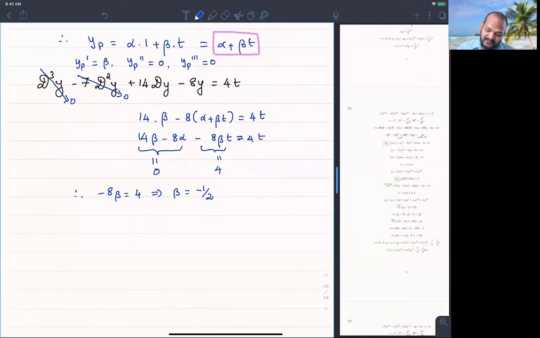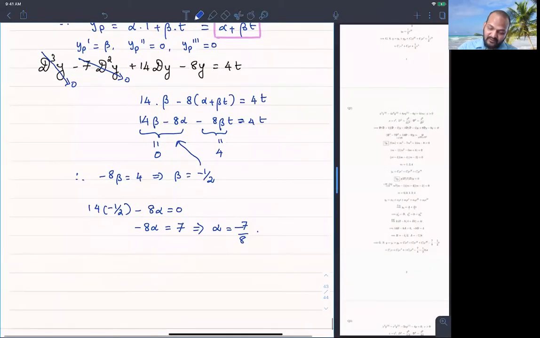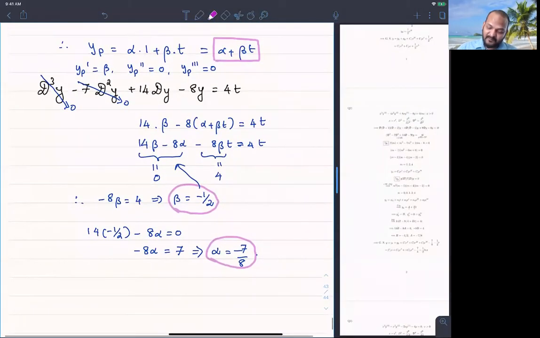And if I plug this into the other equation, then I have 14 times negative 1/2 minus 8 times alpha is equal to 0. And that tells me negative 8 alpha equals positive 7, and that tells me that my alpha is equal to negative 7/8. And I figured out my alpha and beta.